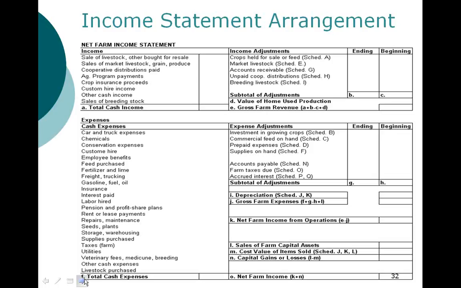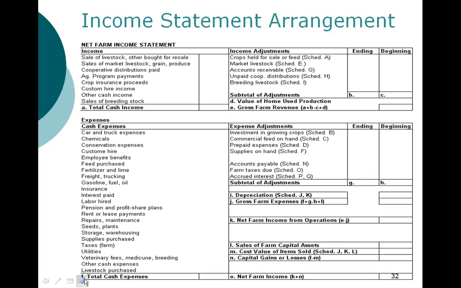It's really important to make an accrual adjusted income statement, because that way you're able to see what the farm actually produces in your production year. So it takes into account changes in inventories, changes in accounts receivable, supplies, and things like that. And those are done in the income and expense adjustments.